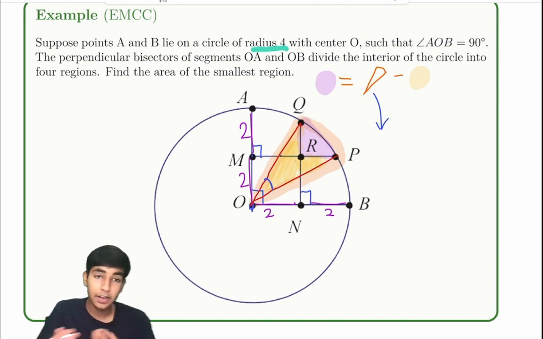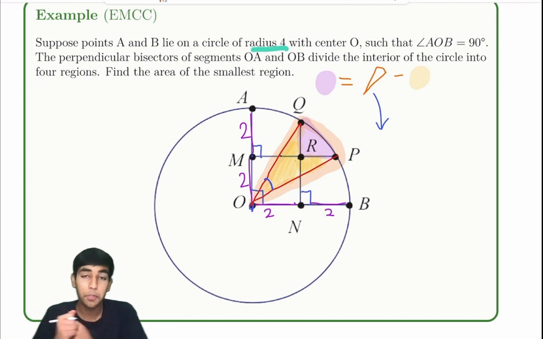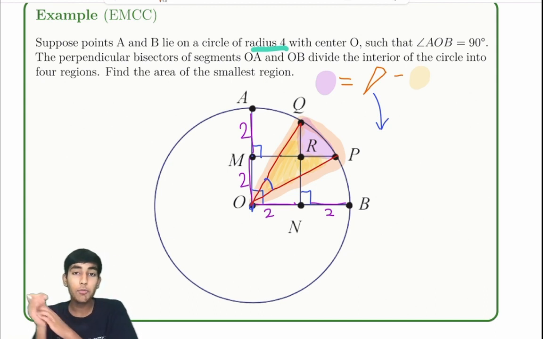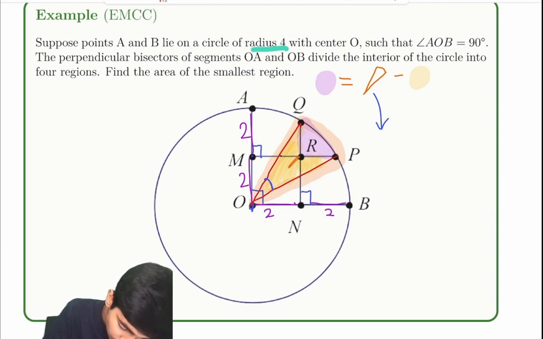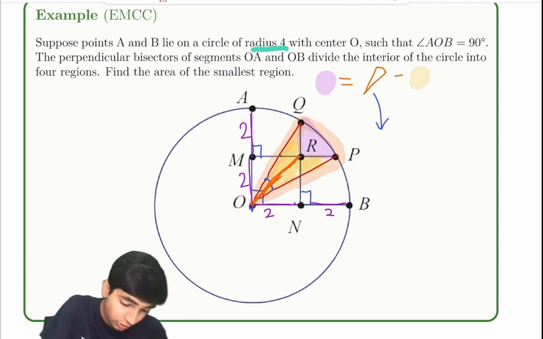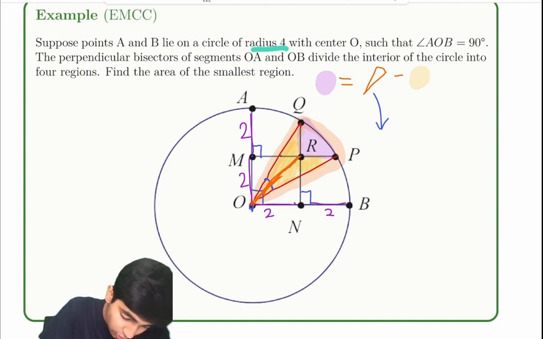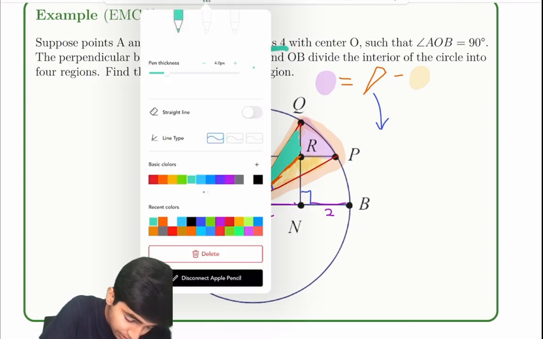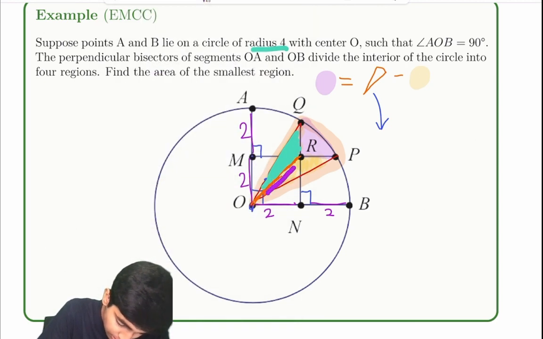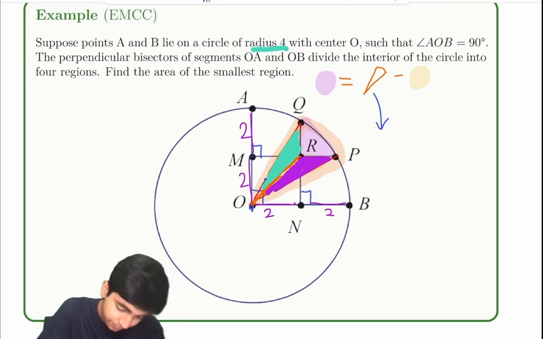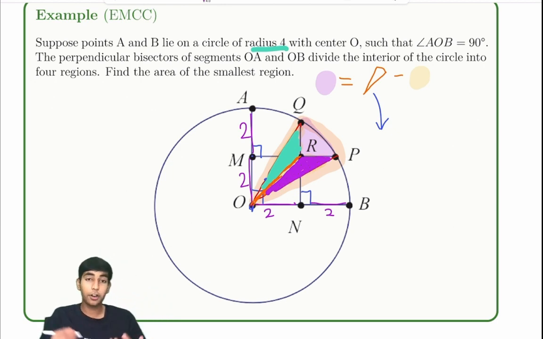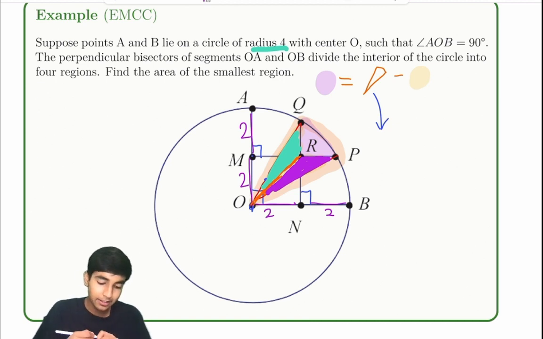So the key idea here is when you have shapes like this, the best technique is to break it up into multiple shapes. So what we can do is draw a line through here. And essentially what that does is now we've got two regions. We've got this region over here, and we've got this region over here, right? Both of those are triangles, and we know how to find the area of a triangle, half base height.